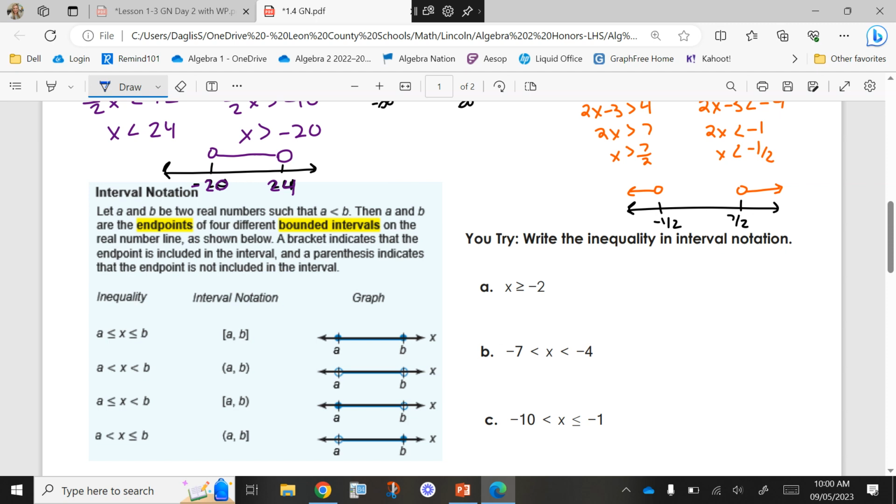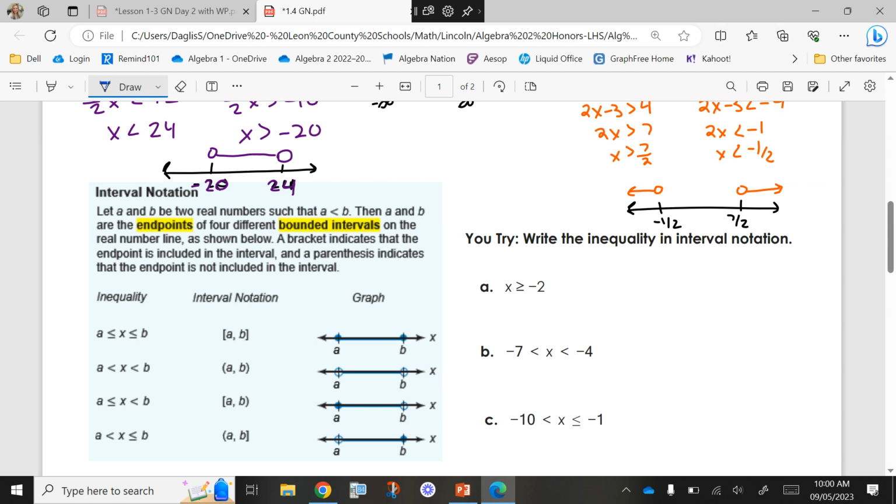What is something that will always have a parenthesis attached to it, no matter what? What number could you technically never be equal to? You can be equal to 0. I know, it's a brain teaser. You can do it. Infinity. Yes. In part A, all values that are greater than or equal to -2.